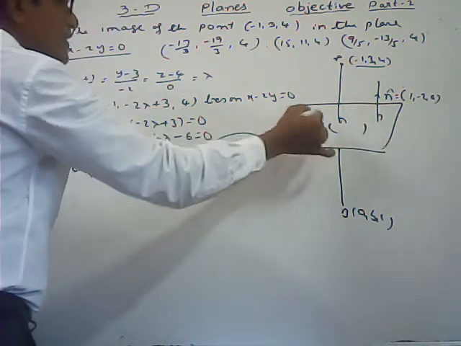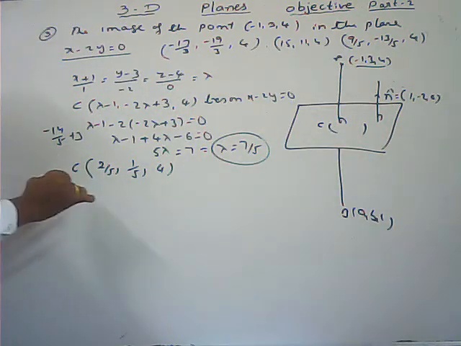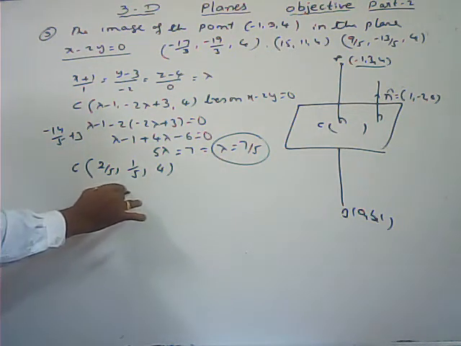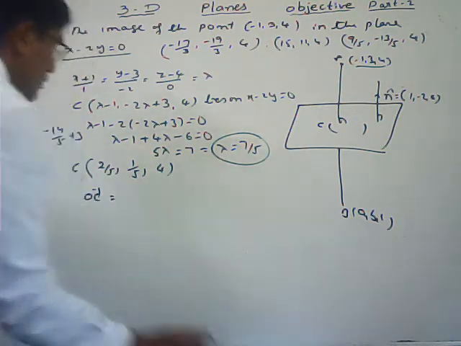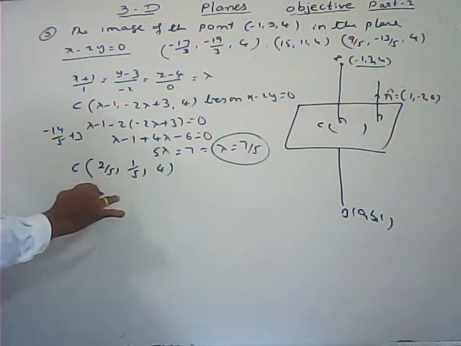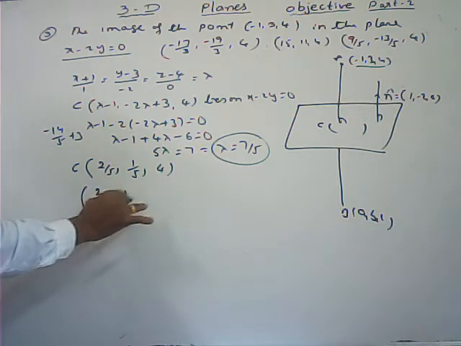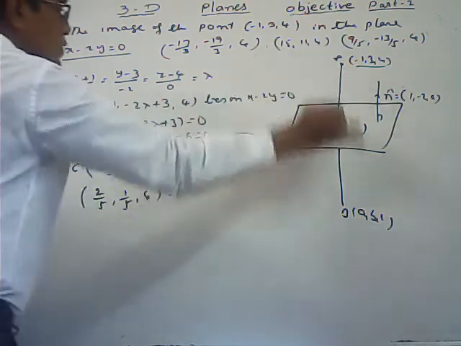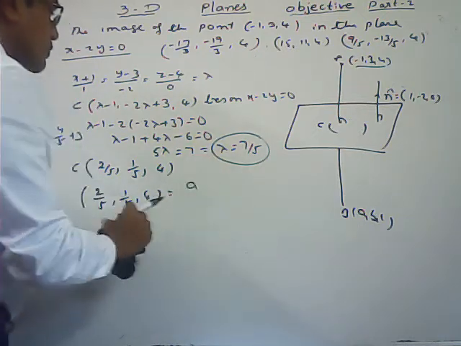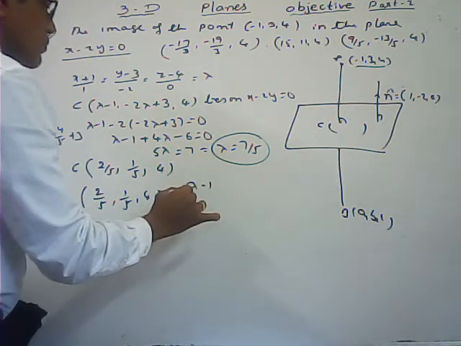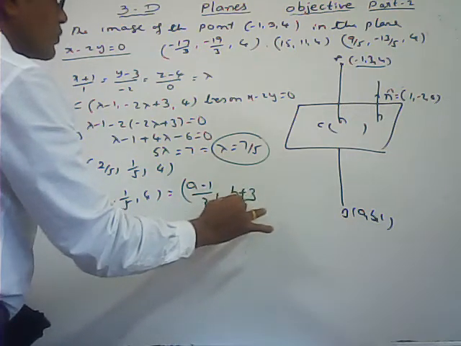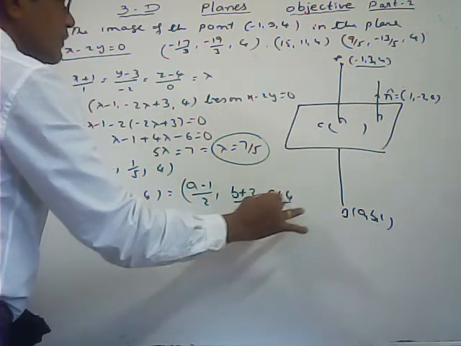What about C? That is the midpoint of AB only. So OC bar is the midpoint of these two. Midpoint formula: x1 plus x2 by 2, y1 plus y2 by 2. Minus 1 plus a by 2, b plus 3 by 2, c plus 4 by 2.